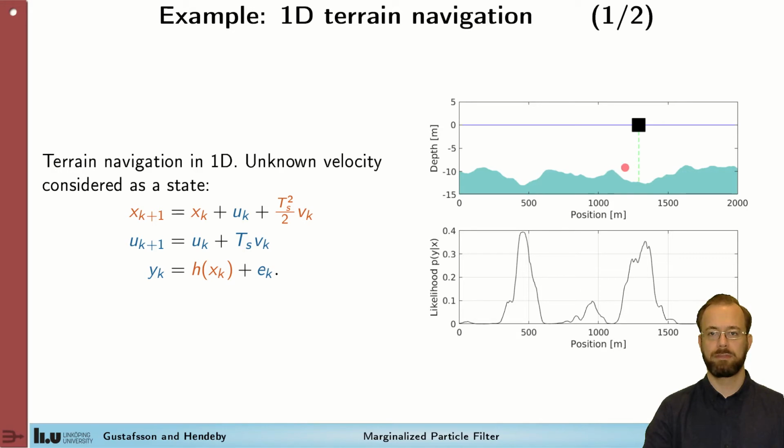This is a problem that's highly nonlinear in the measurement, because this measurement of the ground based on the map is definitely not a linear function of the states. That makes the problem separable in this way. So we have the speed being the linear part and the position the nonlinear part. So this is exactly the kind of model that we've been discussing on the previous slide.